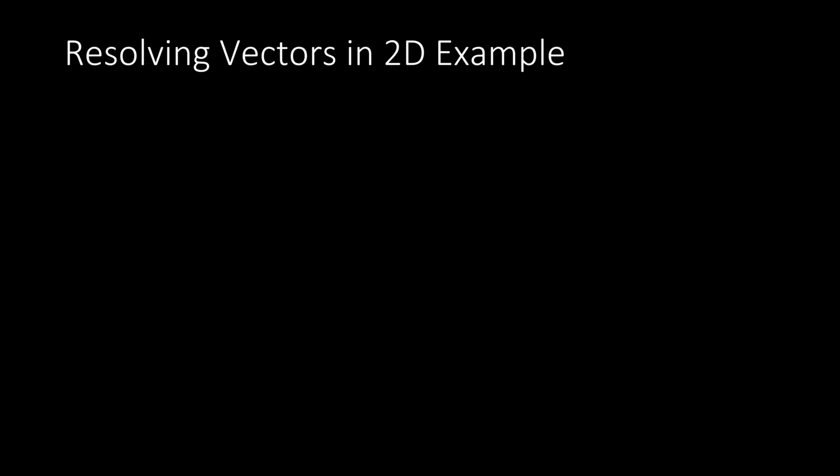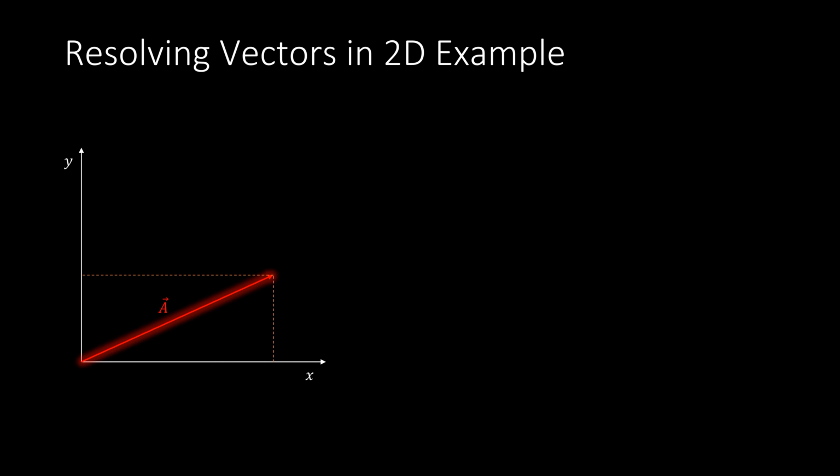Let's do an example of resolving a vector in two dimensions. We have a vector A in the xy coordinate plane. Projections of vector A on the x and y axes are vector A_x and A_y.